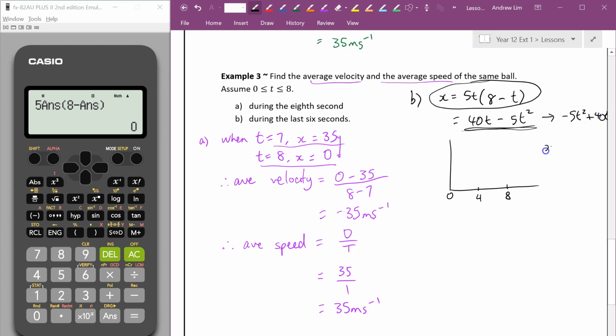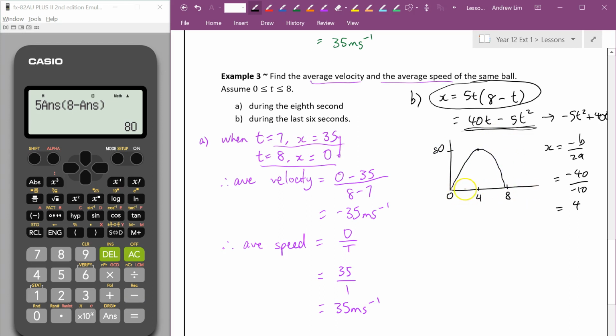Remember the turning point is minus b over 2a. So that's minus 40 over 2 lots of minus 5, which is 4. So we know that the turning point will be at 4, something. What is that something? Let's put 4 in: that's 80. So 4, 80 is the turning point.